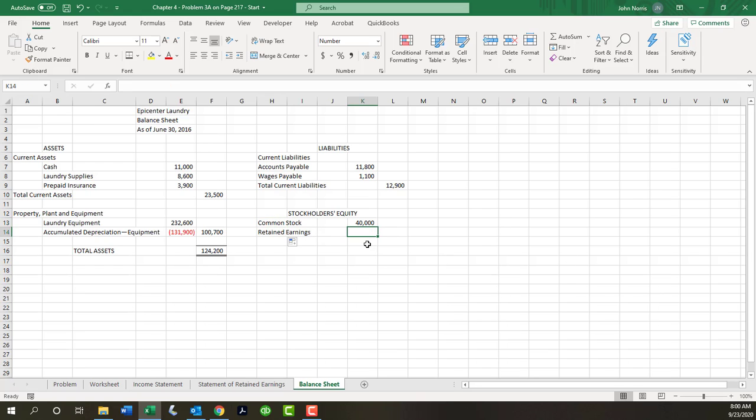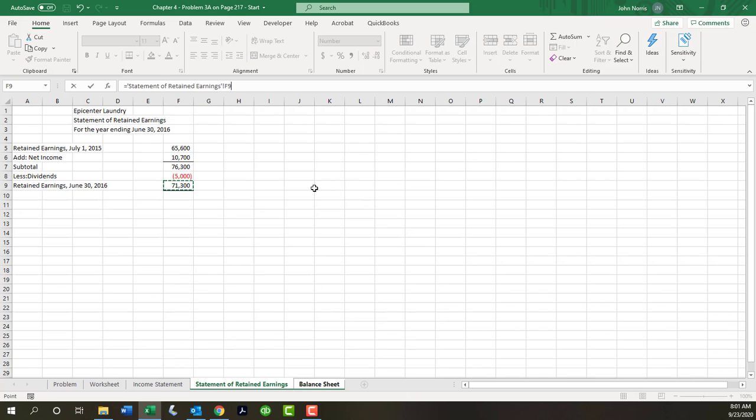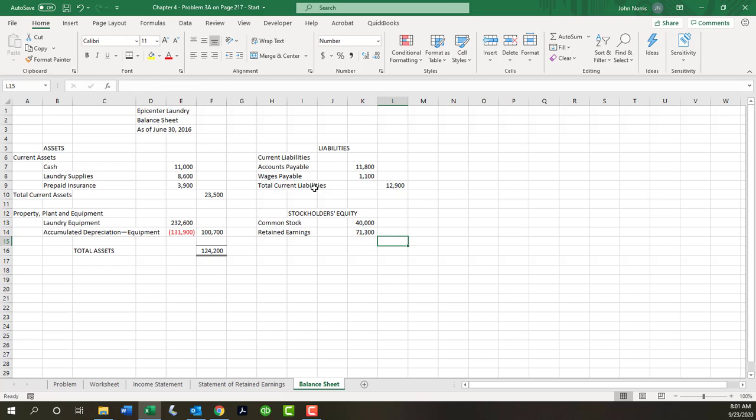And retained earnings we just calculated at 71,300, and that is total stockholders' equity, and then total liabilities and stockholders' equity of the same 124,200. So that's problem 4-3A on page 217.